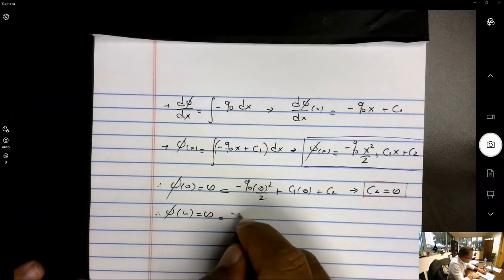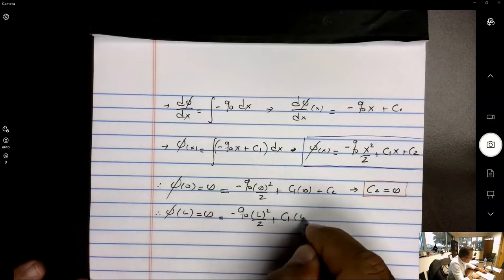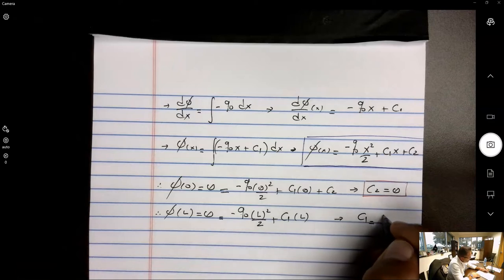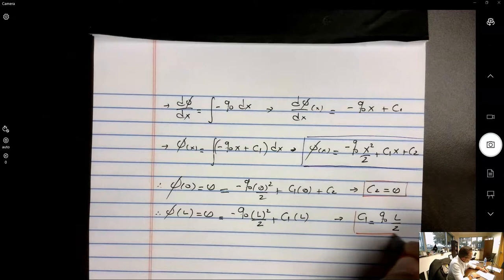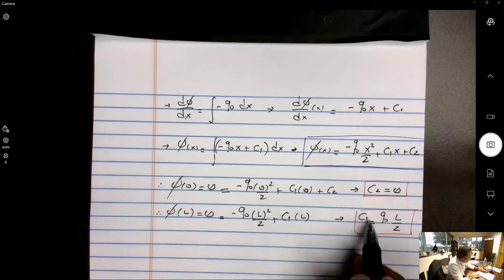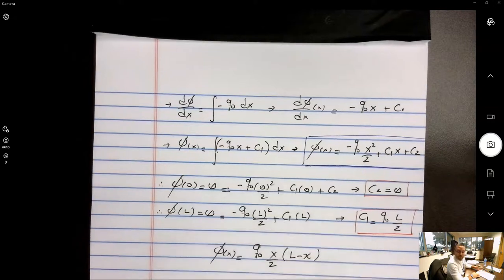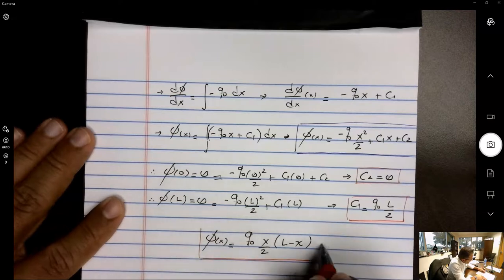That means that minus q0 L squared over 2 plus c1 L, and there's no c2 anymore. And from here we get c1 equals q0 times L over 2. That's c1. So the final solution, once we plug in c1 and c2, is that phi of x is equal to q0 x over 2 times L minus x. I've already taken x as a common factor, and that's what we end up with.